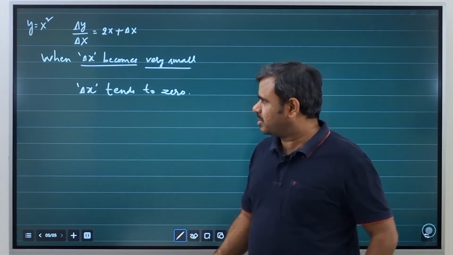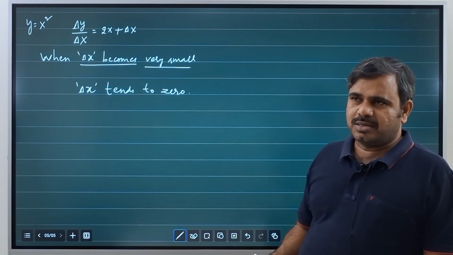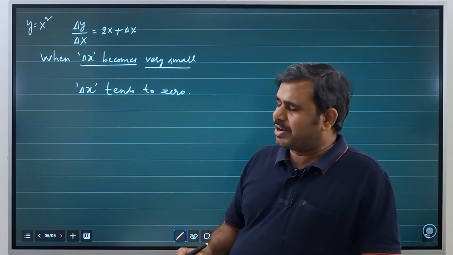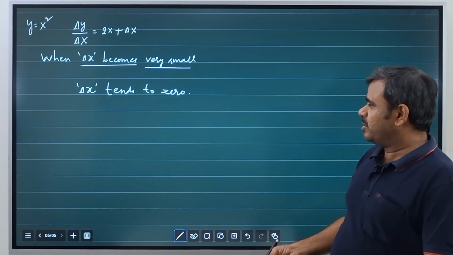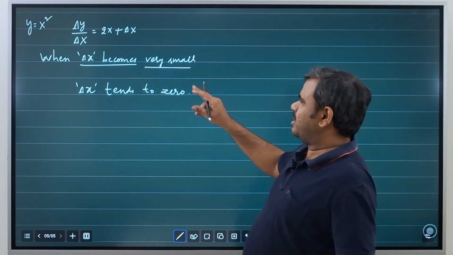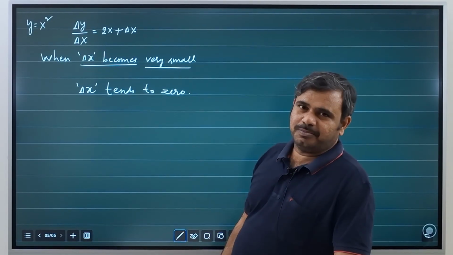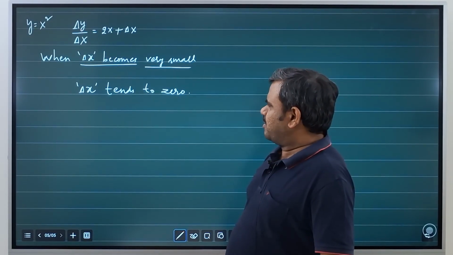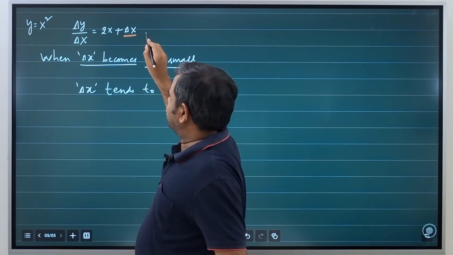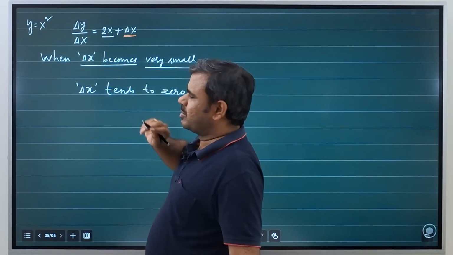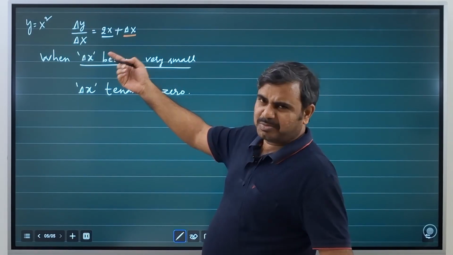Delta x tending to 0 does not mean delta x is equal to 0. It only means delta x becomes very small. When delta x becomes very small, delta x is negligibly small when compared to 2x. Adding delta x doesn't make any difference.